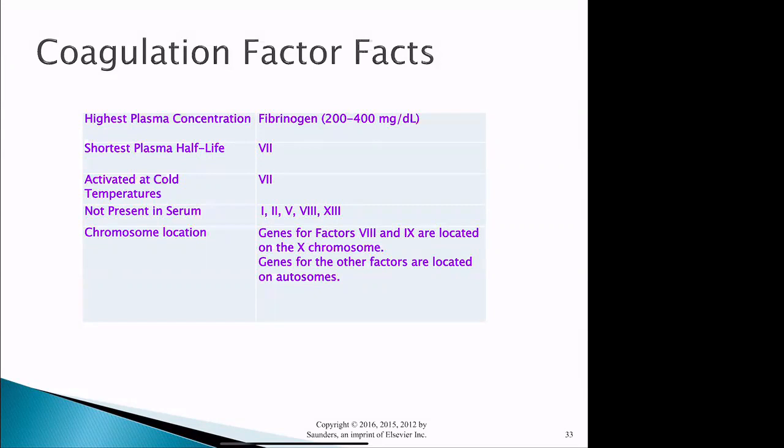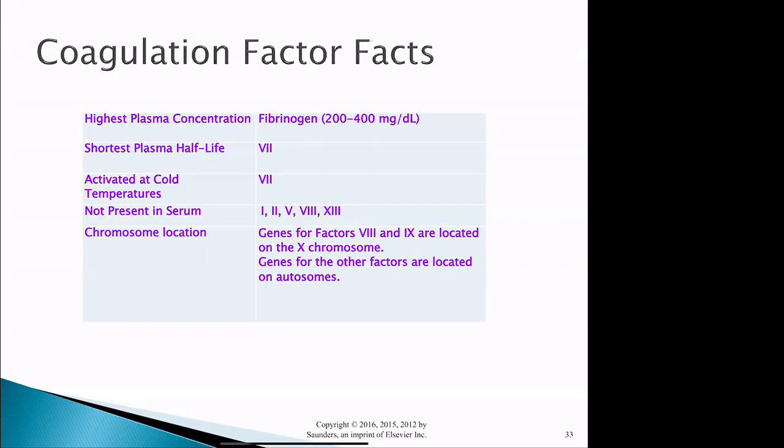Some chromosomal locations for certain factors are important to note, because some deficiencies will come from genetic factors. The genes for factor 8 and factor 9 are located on the X chromosome, and the genes for the other factors are located on the autosomes, which are just your typical chromosomes.